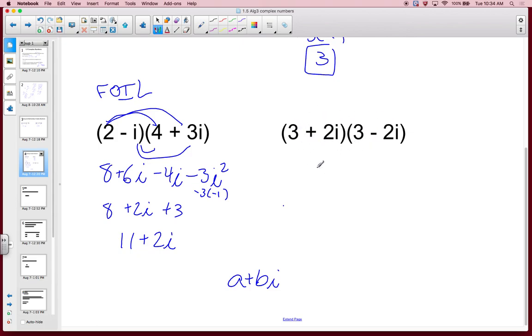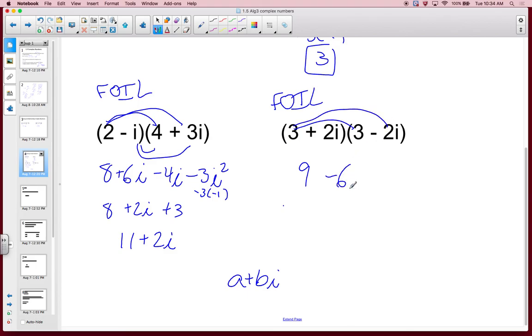These two are actually called conjugates. We're going to get to that in a little bit. And that's when we have just these two signs are different and everything else is the same. So we're going to multiply this whole thing out by using FOIL, but we're also going to learn that in the end, the outer and the inner terms are always going to cancel out when you are multiplying conjugates. So here we go. First, 3 times 3, 9.